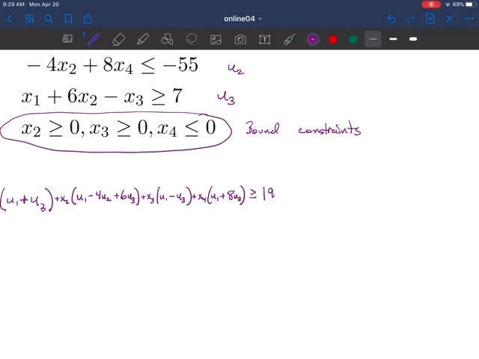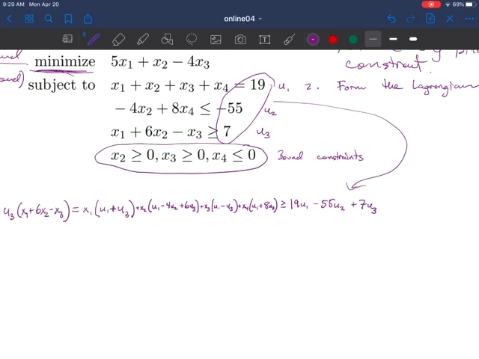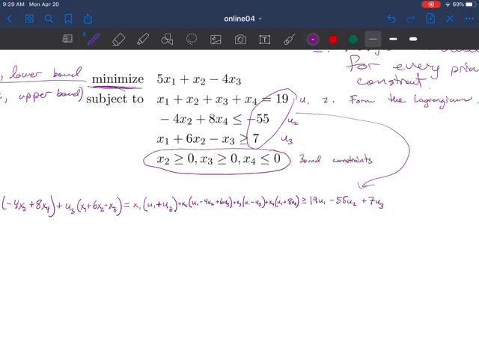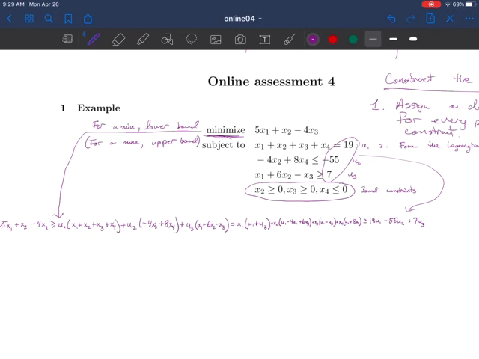So there it is. And then finally, I still want this greater or equal to the right-hand sides multiplied by each of the dual variables. So that's 19u1 minus 55u2 plus 7u3. And that's just from the right-hand sides above. Those are always the coefficients of the dual variables. All right, so now I can start to look at this Lagrangian and use it to help me deduce the bounds on the dual variables and the constraints on the dual variables.